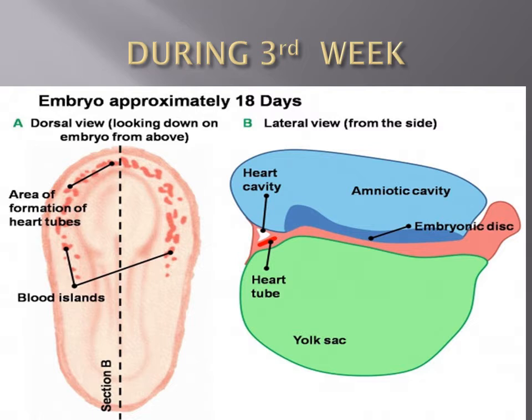These primary heart field cells are collectively here. This is the oropharyngeal membrane. These primary or progenitor heart cells, started collectively here, will form the primary heart field.